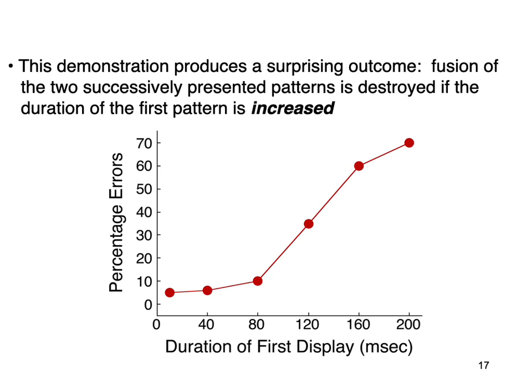But if the display is increased to 120 milliseconds, or 160, or 200, the errors you make in finding the location of the missing dot, meaning the errors you make in fusing the two displays, increase dramatically after about 80 milliseconds, meaning if the first display is presented for longer than 80 milliseconds, information is being lost.